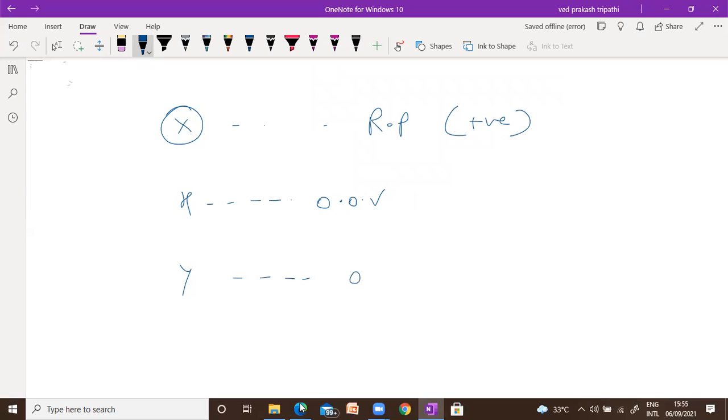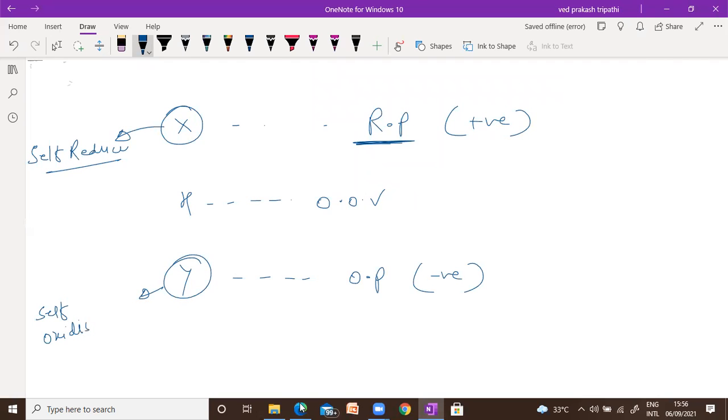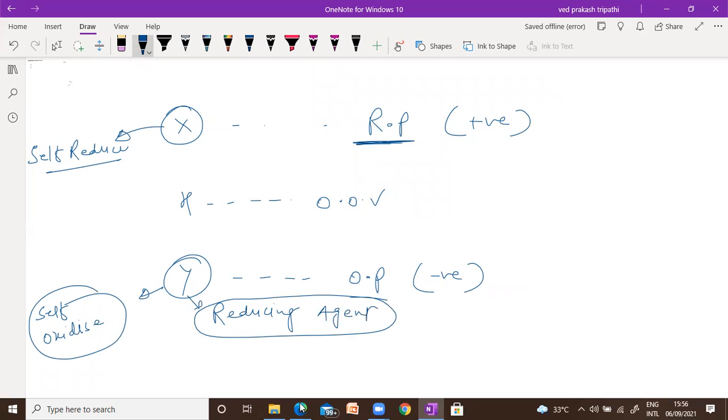So X has reduction potential, it means X self-reduces. Y has oxidation potential, so we can say Y self-oxidizes. If Y self-oxidizes, it means Y can act as a reducing agent. And X is self-reduced, so X will act as an oxidizing agent.